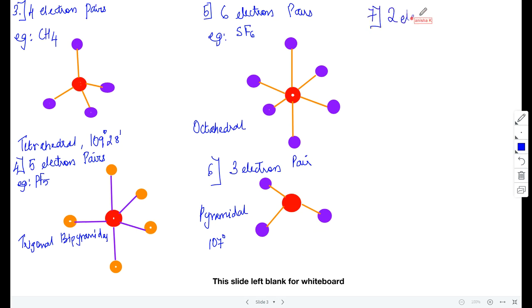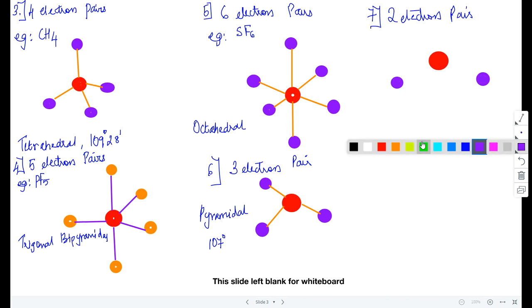Now again, for 2 electron pairs, there is one more possibility. Now if you see, it is kind of bent over here, right?